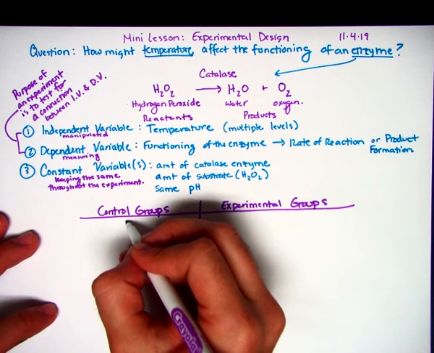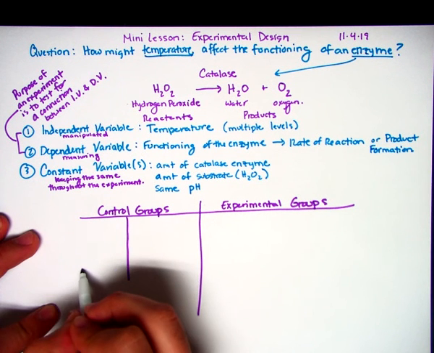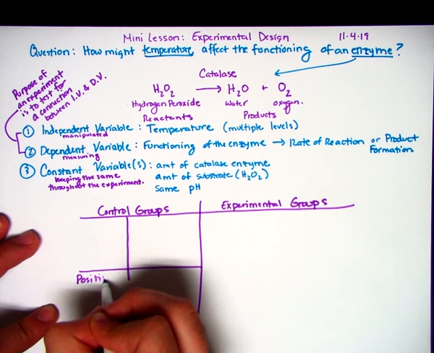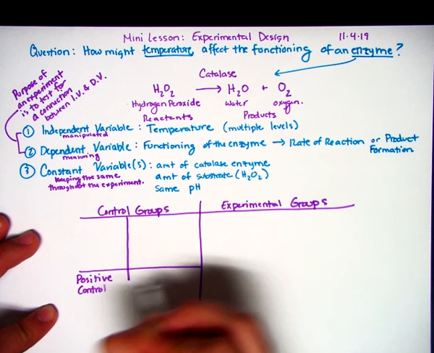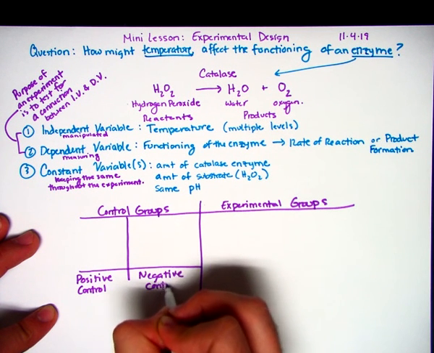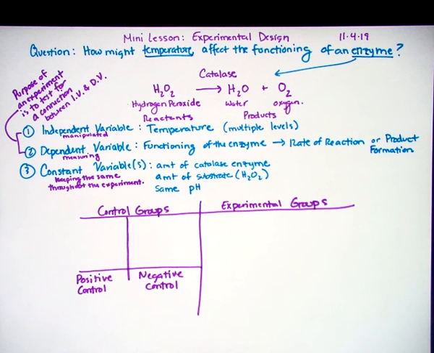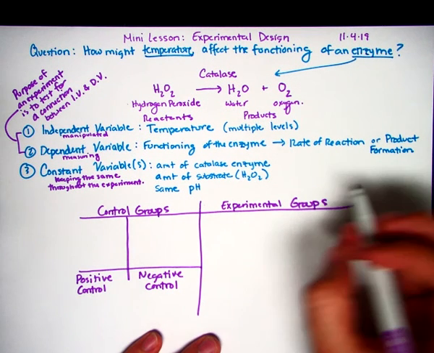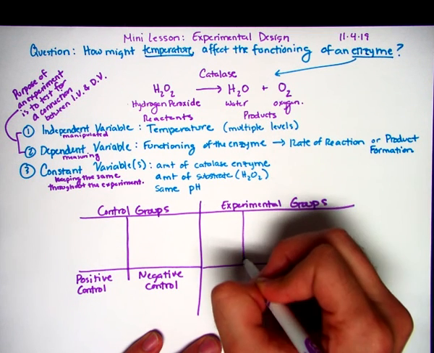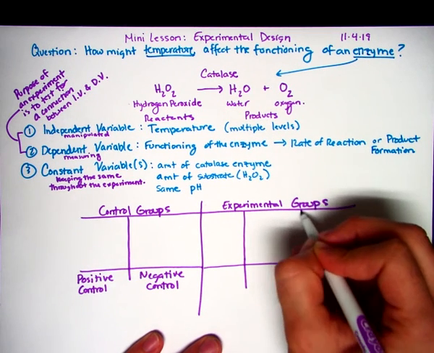And within our control group, we tend to have a positive control and a negative control. An experimental group, again, we can have multiple levels. I'm going to create, let's say, 3 levels.